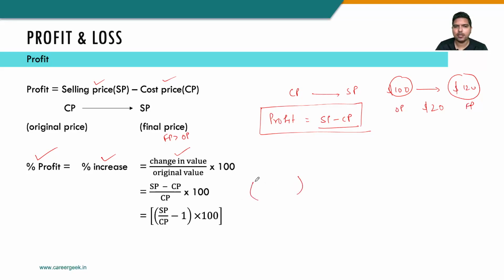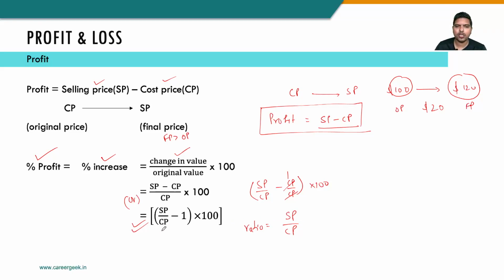Now if I separate this: SP upon CP minus CP upon CP, into 100. This gets cancelled and this will be 1. Sometimes the questions will be asked in such a way that they will give you the ratio of SP to CP.